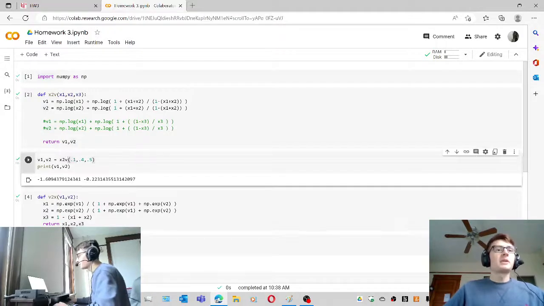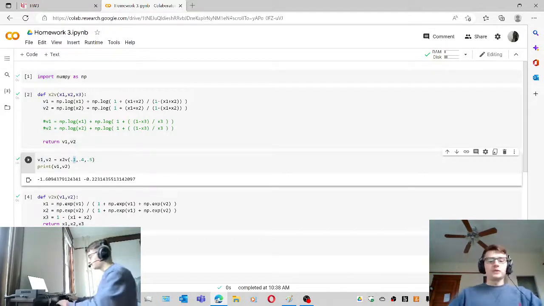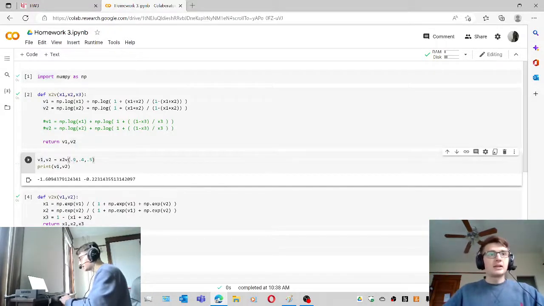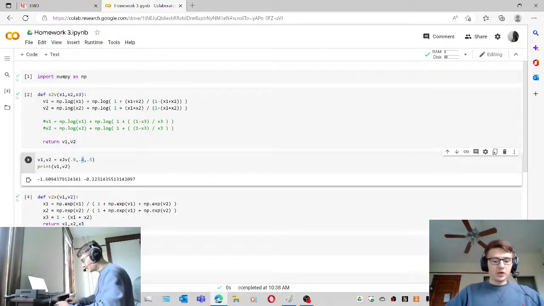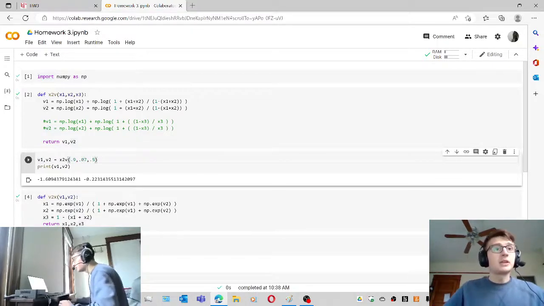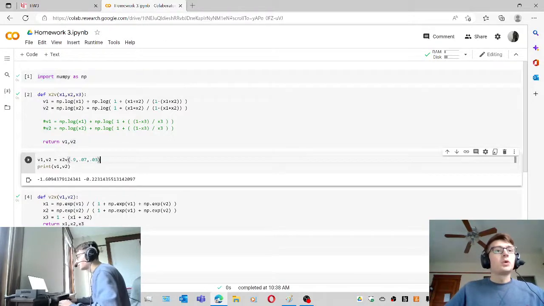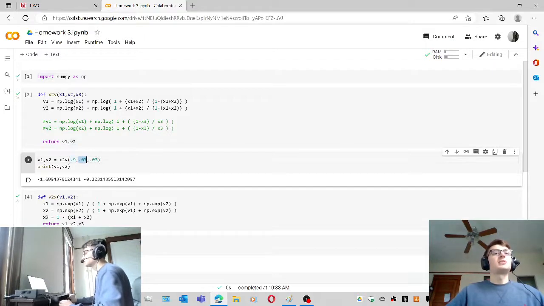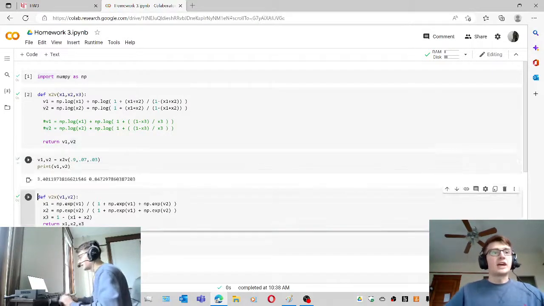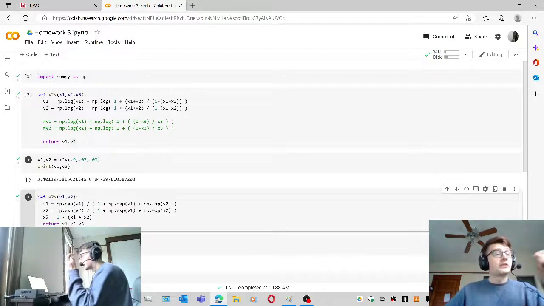So maybe if I come up here and say, well, actually, I want x1 to be 0.9, and then x2 to be 0.07, and then x3, of course, is just going to be 0.03. So just trying alternate values. Then, when I solve that, I will get two different values for v1 and v2.